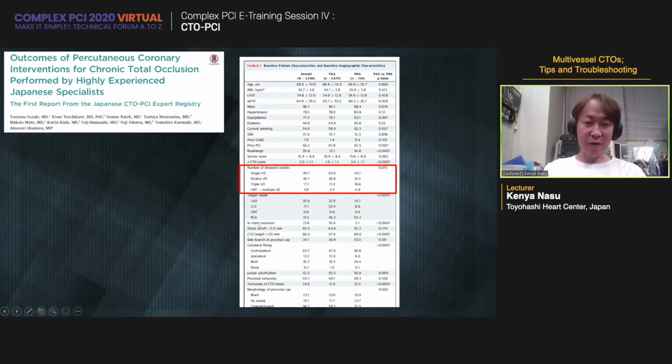This paper is from the Japanese CTO expert registry. We also described the number of vessels, but we didn't describe the number of CTO lesions, or the number of CTO vessels.